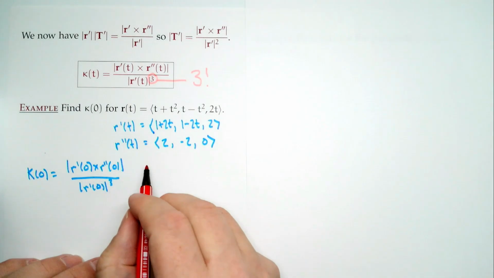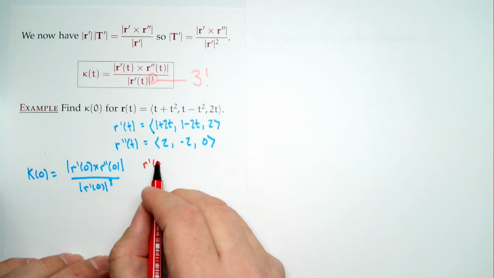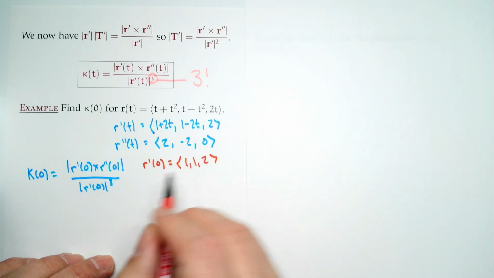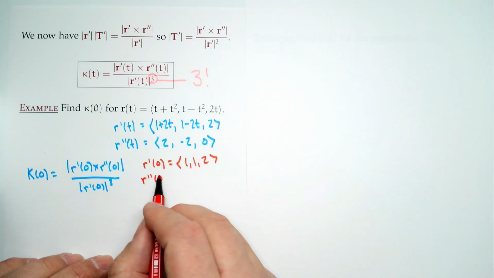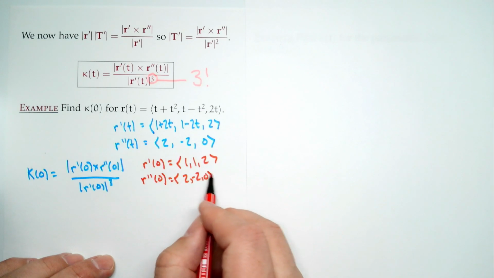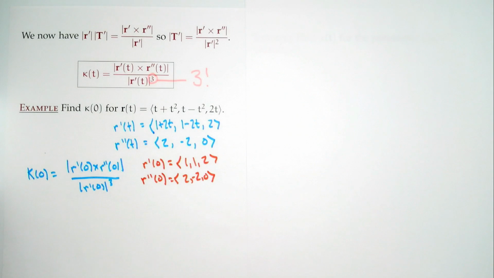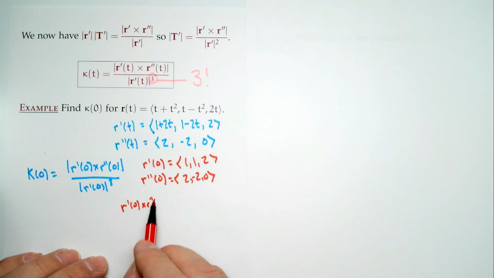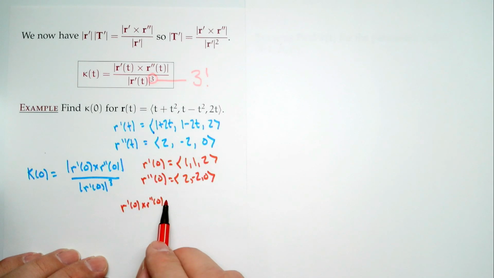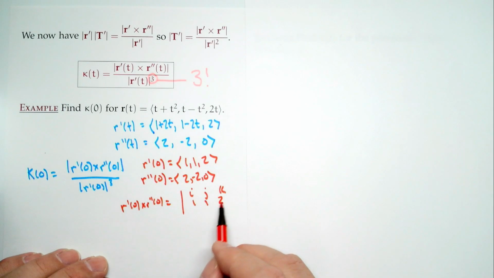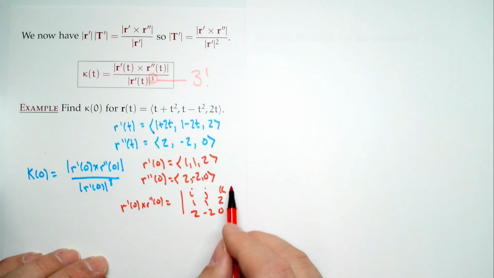So let's actually find these vectors. What is r prime of 0? 1, 1, 2. And what is r double prime of 0? 2, negative 2, 0. Good. So if we take r prime of 0 cross r double prime of 0, taking a cross product, i, j, k, 1, 1, 2, 2, negative 2, 0.